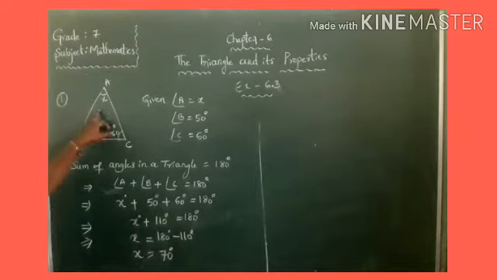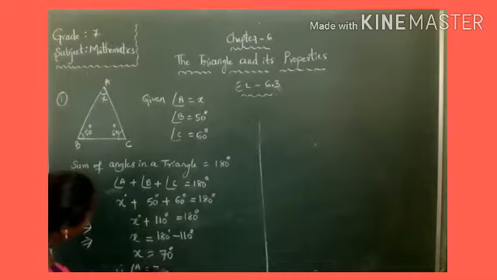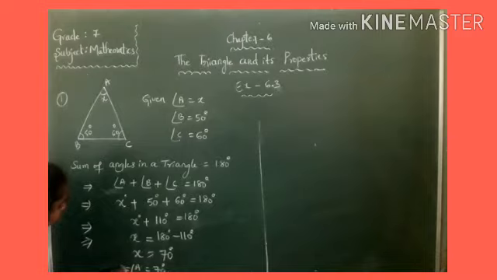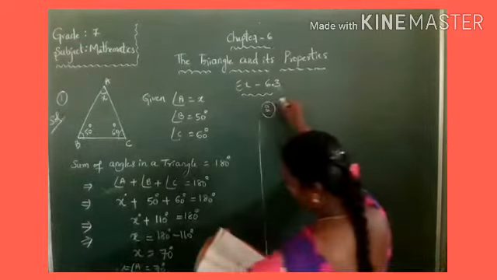So the third angle is 70 degrees. Therefore, angle A is equal to 70 degrees, that is x. Right. Next.